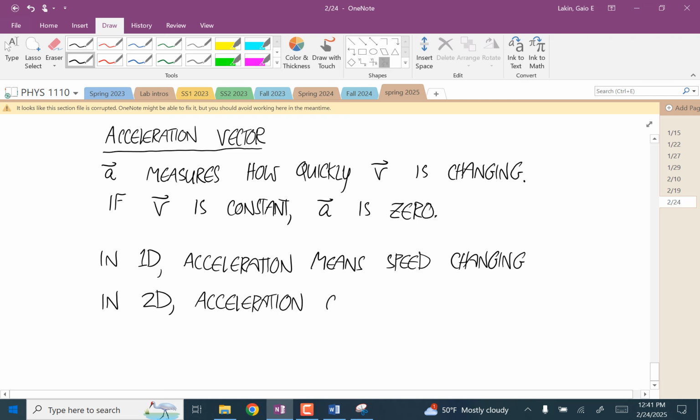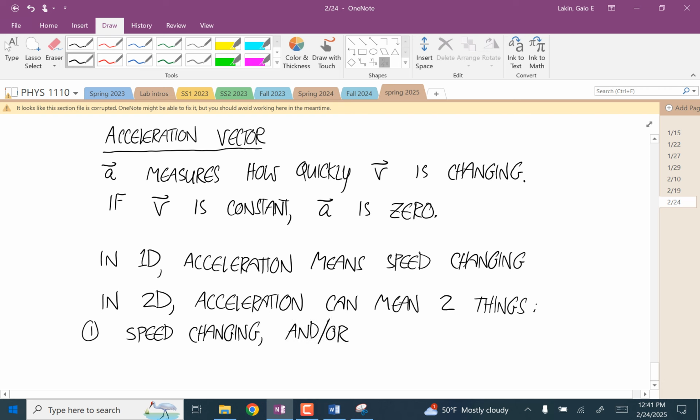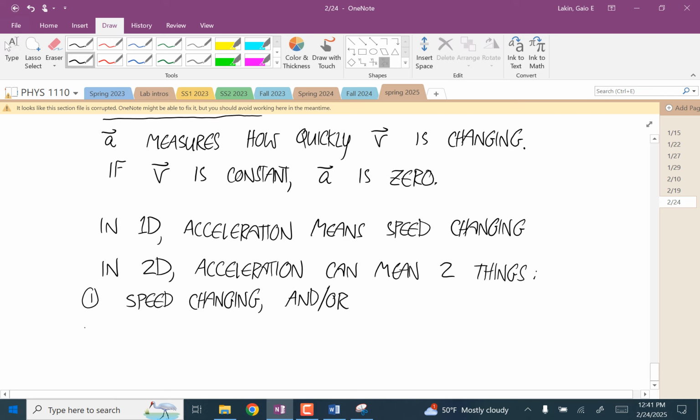So in 2D, acceleration can mean two things. The first one is it can still mean that the speed is changing. But it can also mean that the object is turning.